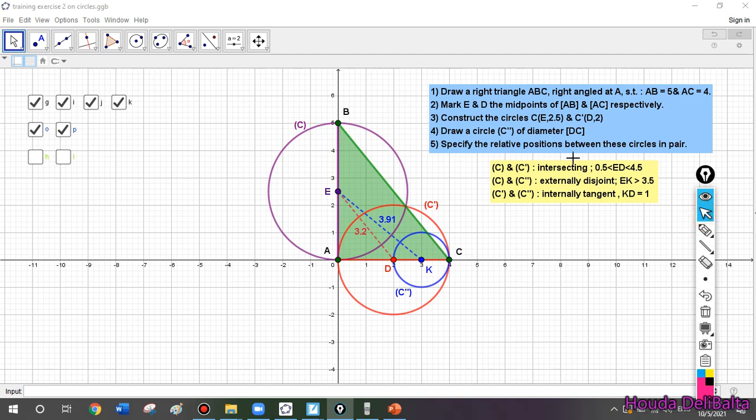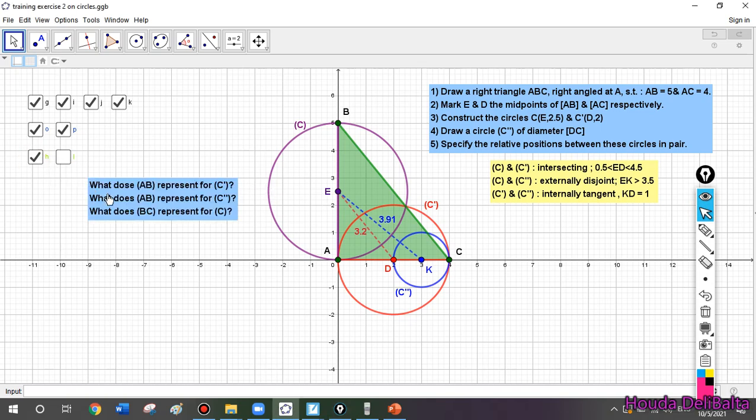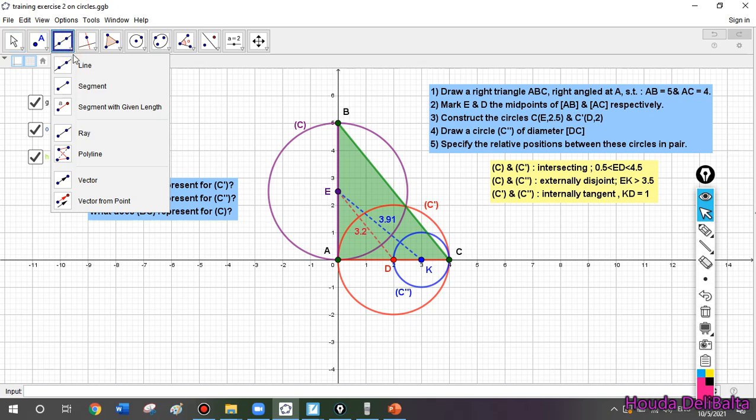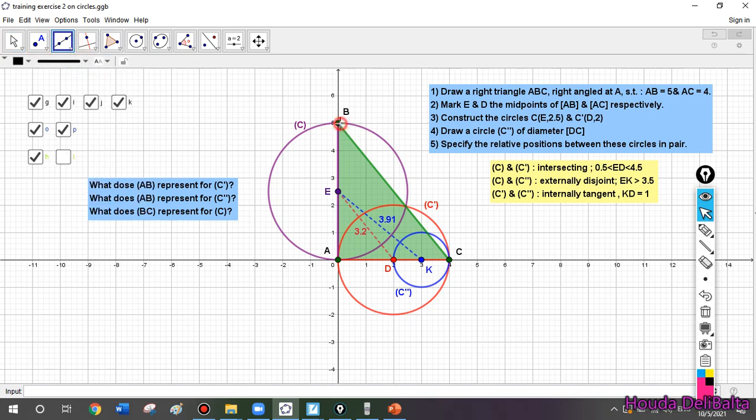Now specifying the relative positions between the circles in pairs is done. Now if I want to answer these questions, what does AB represent for C prime? If you look at the line AB and the red circle C prime, if I draw the line AB, that black line, what is it according to the circle C prime? It's a tangent.